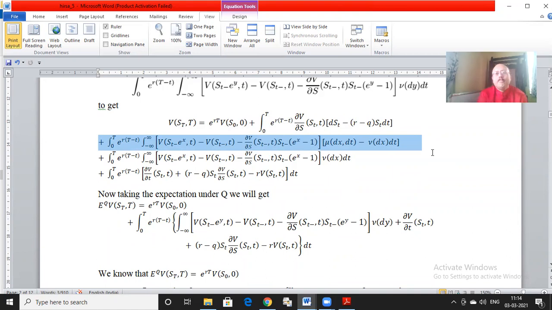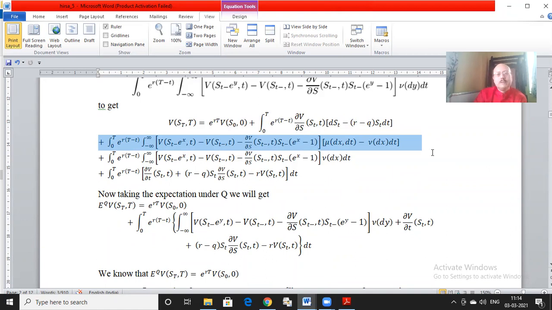So two compensated integrals, compensated as in mean centered integrals, will vanish under the risk neutral expectation. And that's why we did the mean centering. The other terms will remain for now.